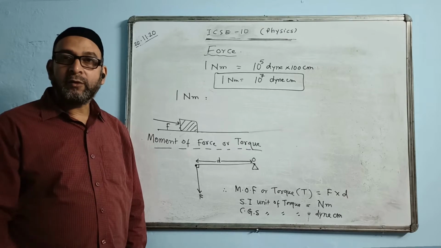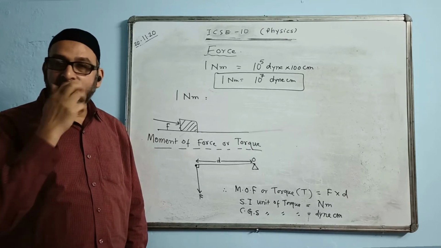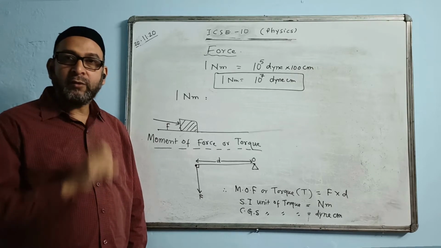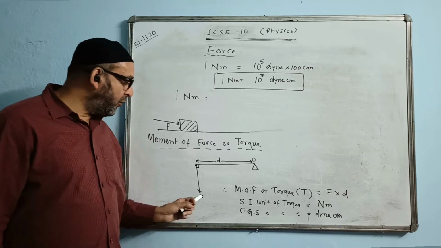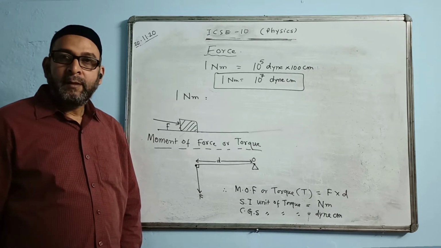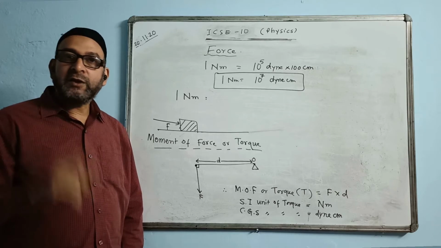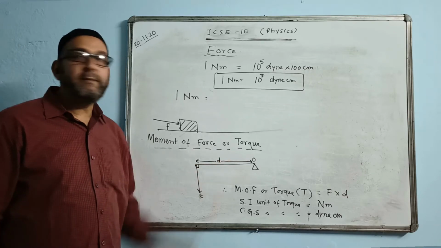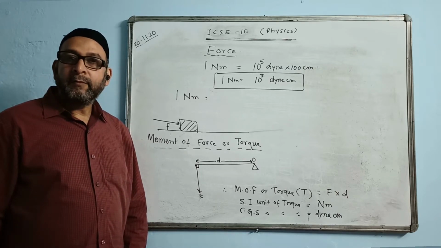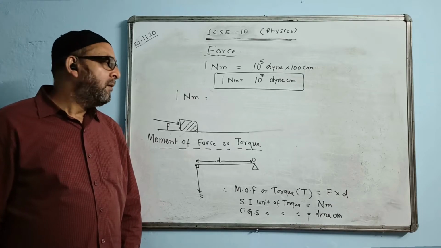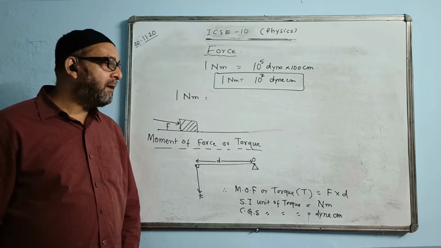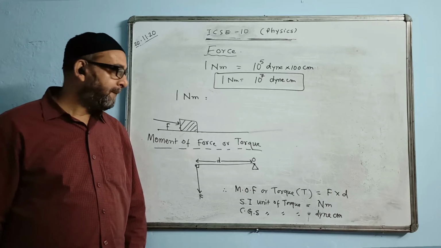It is the amount of torque produced or generated by a force of 1 Newton whose line of action is at a distance of 1 meter from the pivoted point. P-I-V-O-T-E-D, pivoted point.